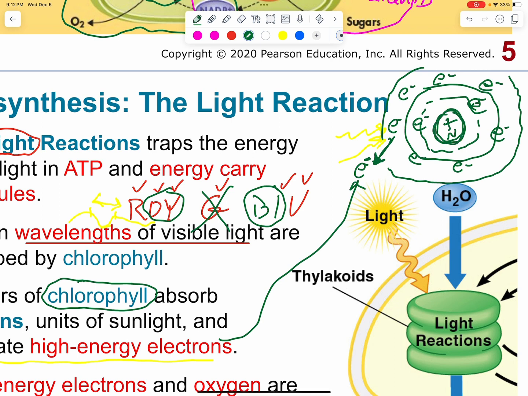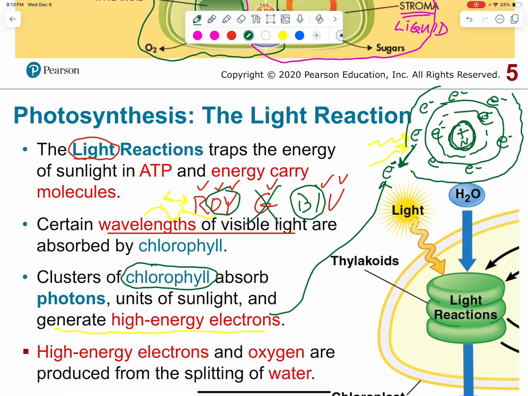Positive protons are holding the electrons close in. The farther you get away, the more likely that electron is going to be lost completely. So what happens when the light strikes the atoms of the green chlorophyll here inside of the granum?